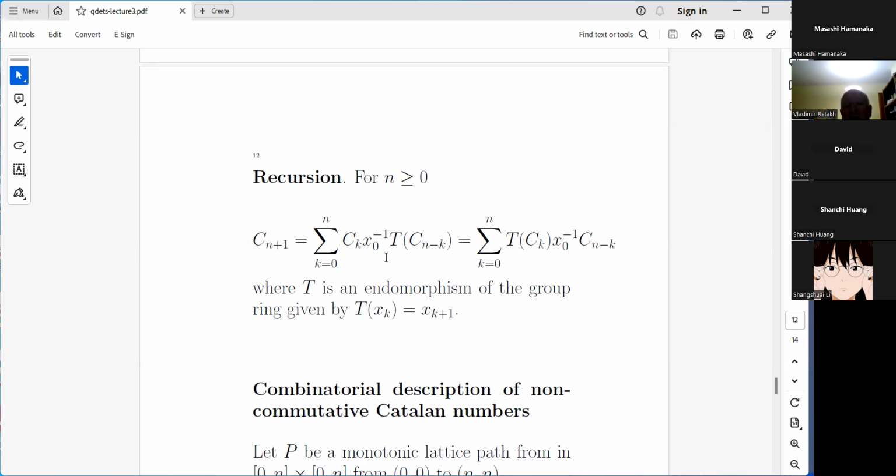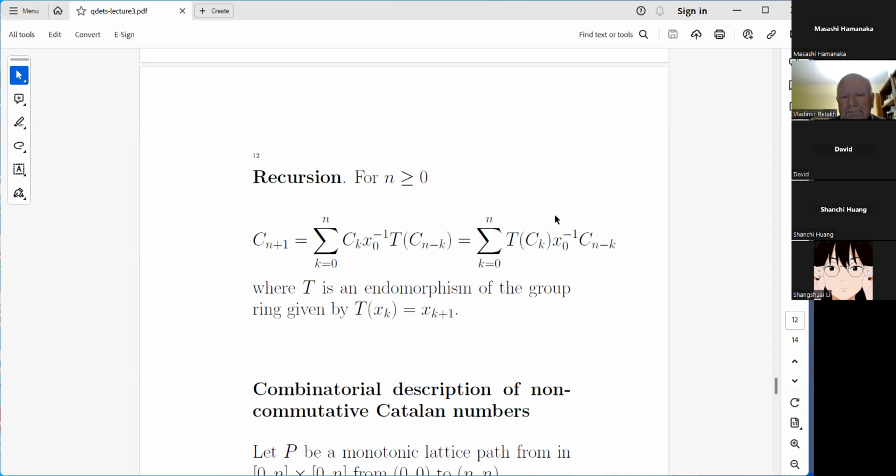Again, let me emphasize that if I set each xi equal to 1, then I will specialize this formula to the classical form.